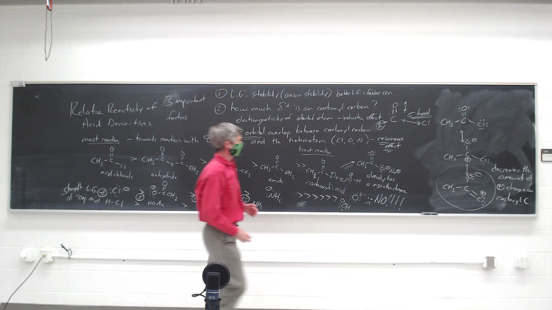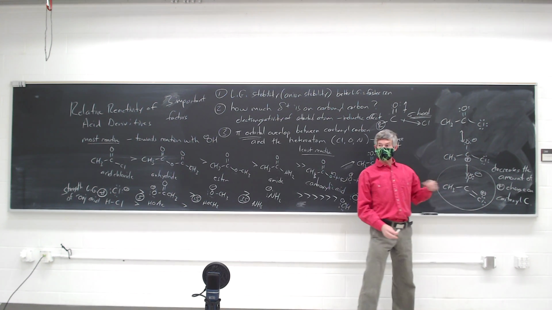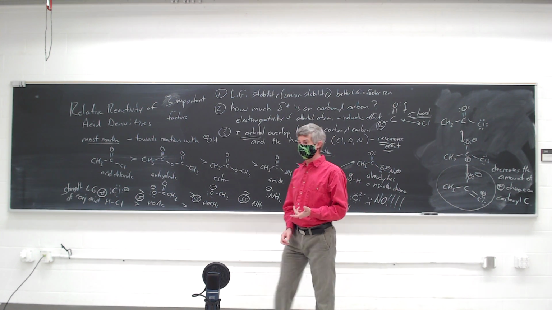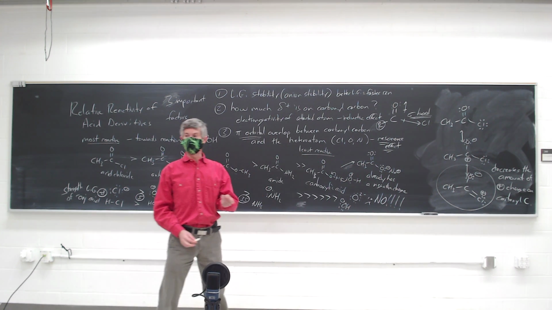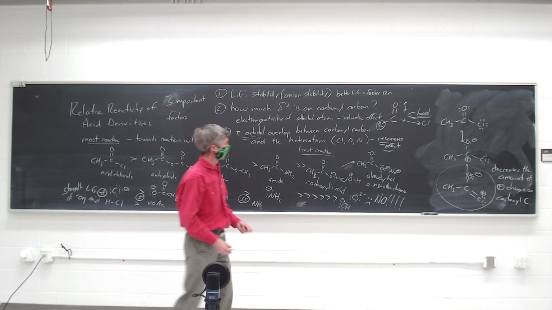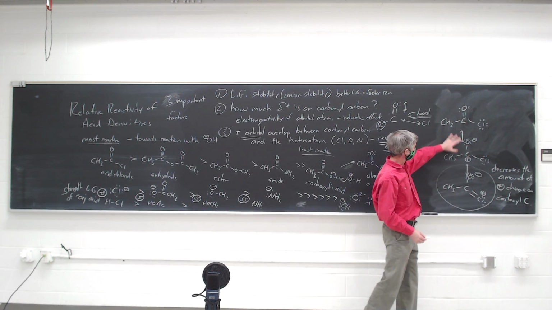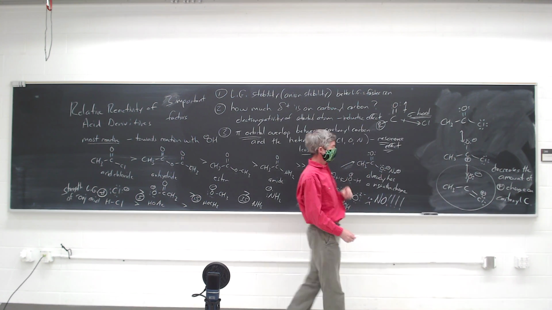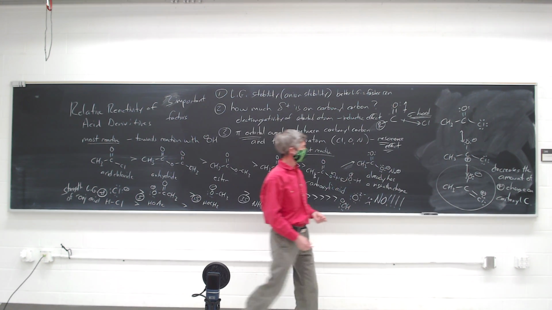This third resonance structure is what causes a lot of the acid derivatives to be less reactive towards hydride reduction, for example, than the aldehydes and the ketones. Aldehydes and ketones have these two resonance structures, but not this one. The more this is contributing, the less reactive the carbonyl derivative.